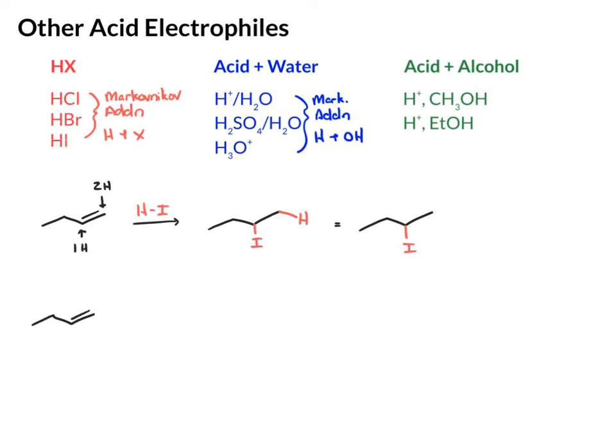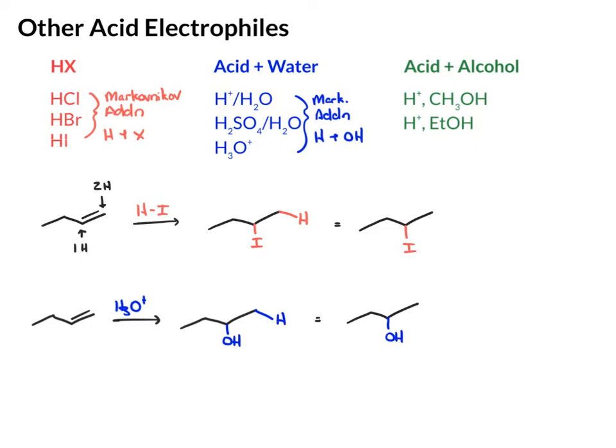Here's our alkene. Now I'll just use H3O plus. What we're going to end up with is the Markovnikov addition. Hydrogen will add here, OH here. And again, if you want to simplify it, without the hydrogen, you can do that.